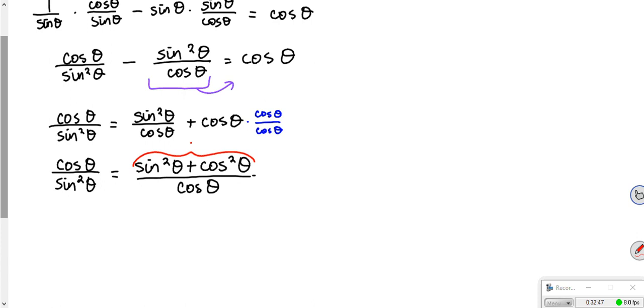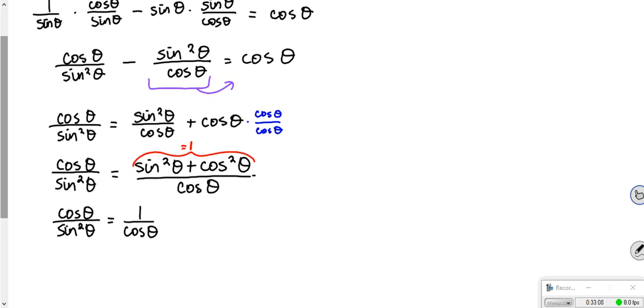Sine squared plus cosine squared equals 1. That's one of our trig identities, right? So now cosine theta over sine squared theta equals 1 over cosine theta.